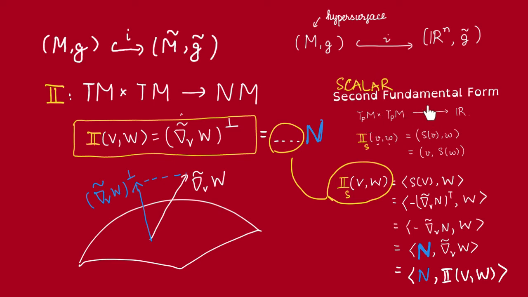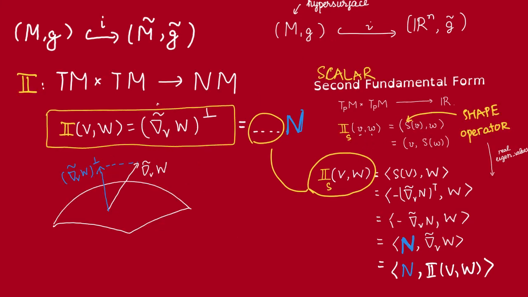Now on each tangent space, this second fundamental form is going to give a bilinear form. And we can then define the shape operator to be the self-adjoint operator that induces this bilinear form. Now because the shape operator is self-adjoint, it's going to have real eigenvalues. This is because of linear algebra.